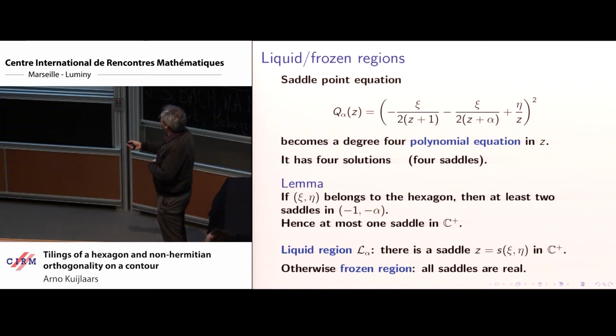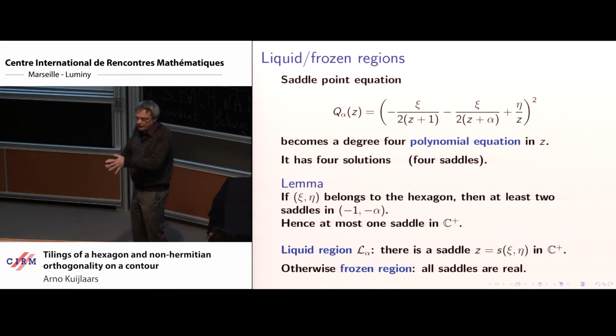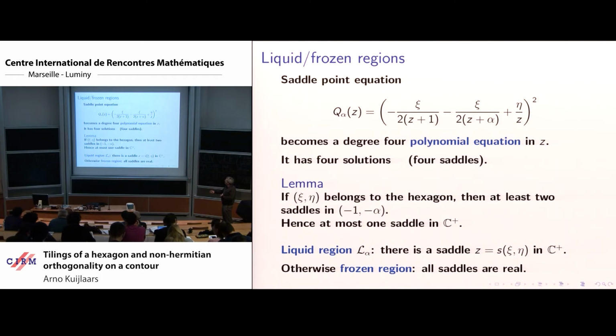So there will be 4 saddles for every choice of psi and eta. And so we can prove that if psi and eta are coordinates so that we are in the hexagon, then there are at least 2 saddles in this interval from -1 to minus alpha.